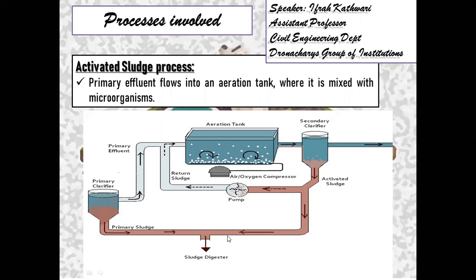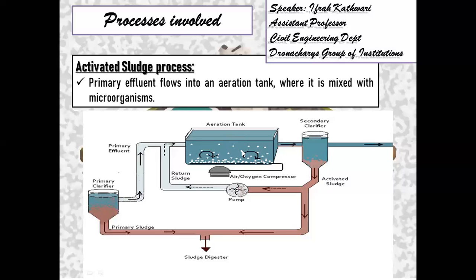So water from the primary chamber is sent to the primary sedimentation tank, the primary clarifier, from where the water is dispatched to the secondary treatment area, where it first comes across the aeration tank, wherein we supply compressed air, and with the help of this compressed air, it is mixed.